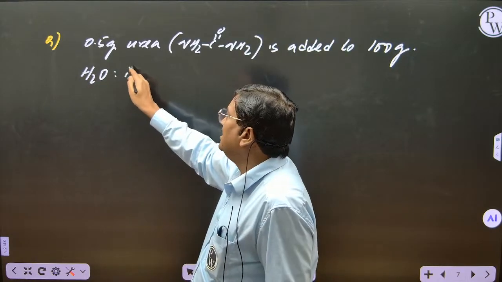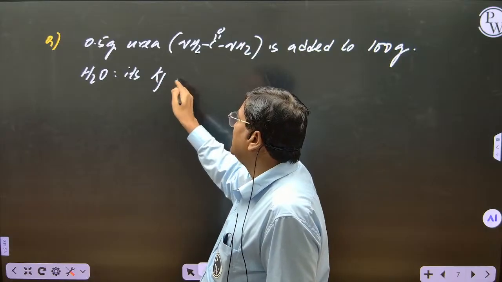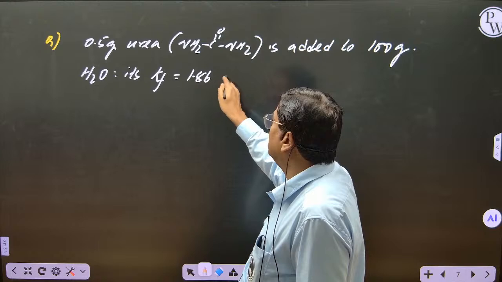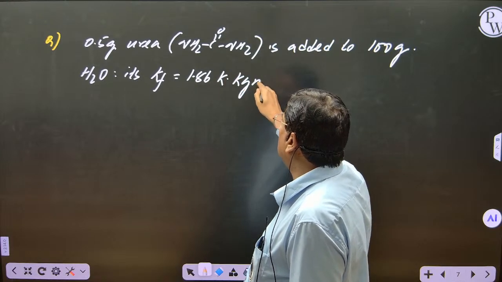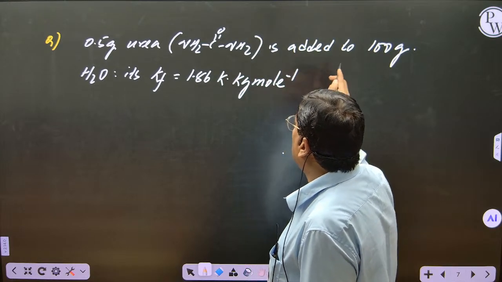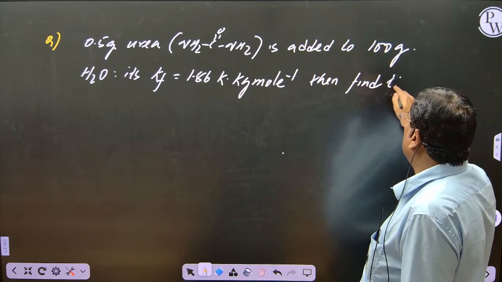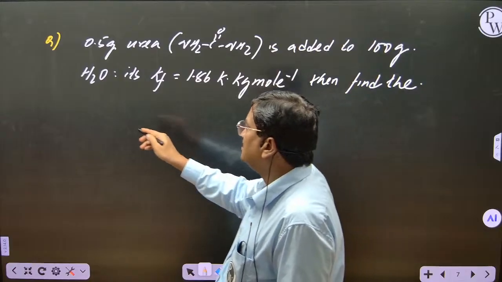Its Kf value. What is Kf, student? Cryoscopic constant value is 1.86 Kelvin kg per mole. Then find the freezing point of the solution.